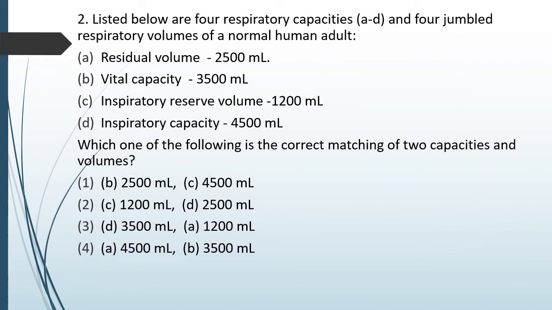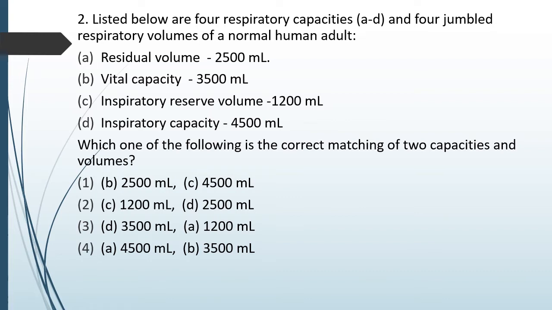Question number 91. Listed below are 4 respiratory capacities A to D and 4 jumbled respiratory volumes of a normal human adult. Which of the following is the correct matching of the two capacities and volumes? The capacities are given above as residual volume 2500 ml, vital capacity 3500 ml, inspiratory reserve volume 1200 ml, inspiratory capacity 4500 ml. Which one of the following is the correct matching?